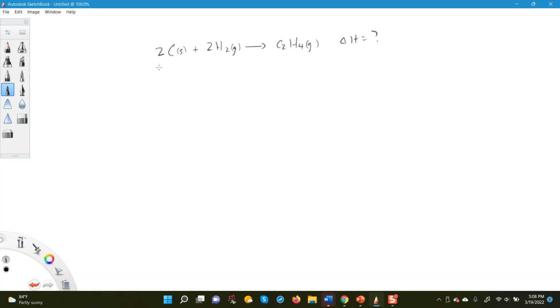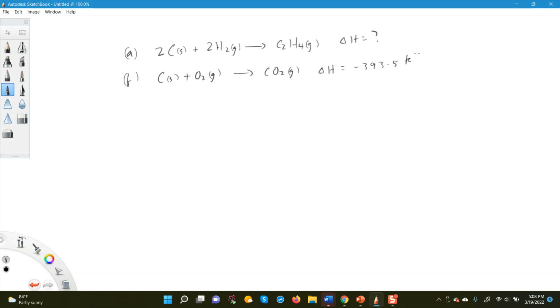Okay, so this is reaction A. Now for reaction B, you're given carbon solid plus O2 gas to give CO2 gas, and delta H for this is equal to minus 393.5 kilojoules.